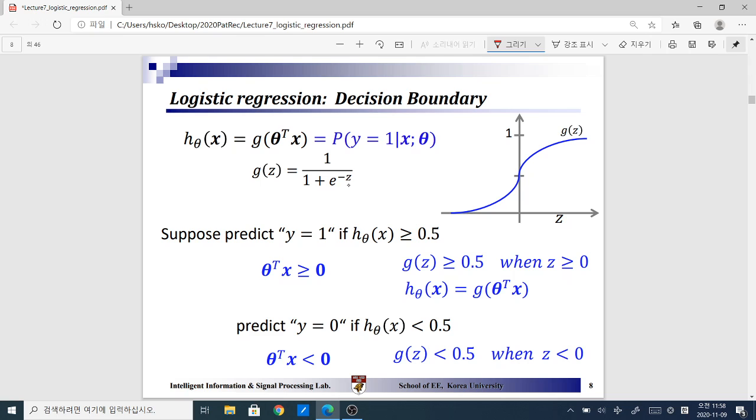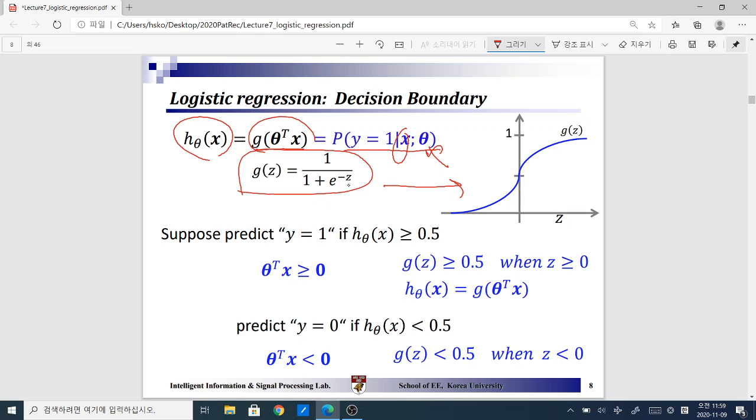So, for example, once again, this hypothesis function using the logistic function is essentially the probability of the label being equal to 1, given that the feature is equal to x, which is parameterized by, say, theta. So in short, this particular logistic model looks like this.